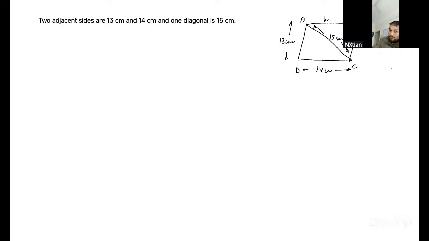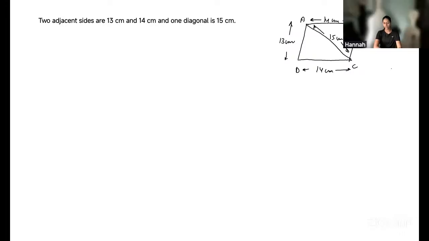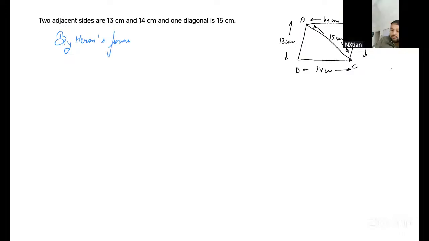No idea? I don't remember. You had given one formula, I think, where the area is equal to the product of the diagonals, but I don't remember that. By Heron's formula.